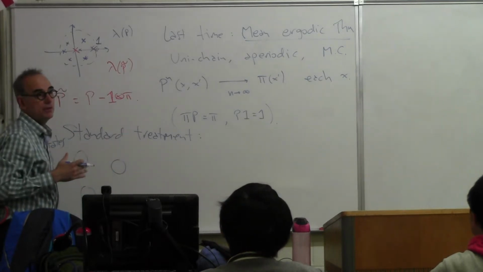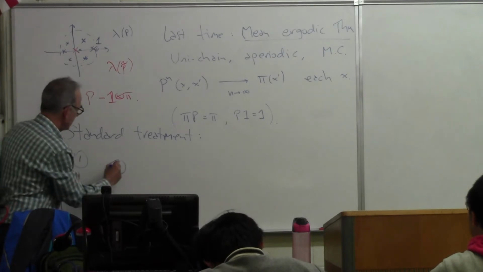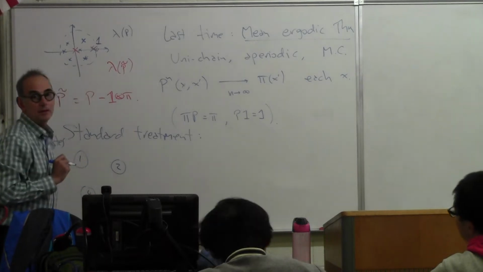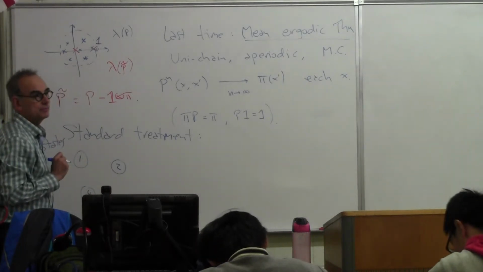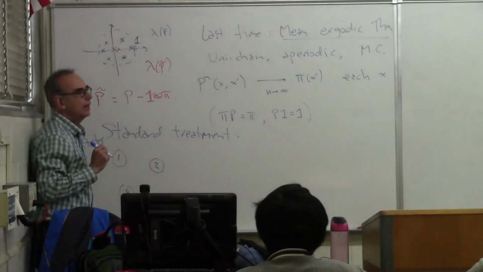Okay, so the standard treatment is to say, well, let's look at a 4-state Markov chain, and we denote the states by little balls like that.